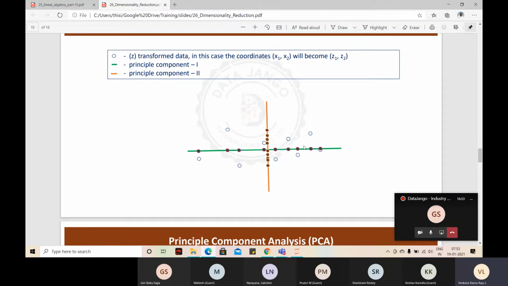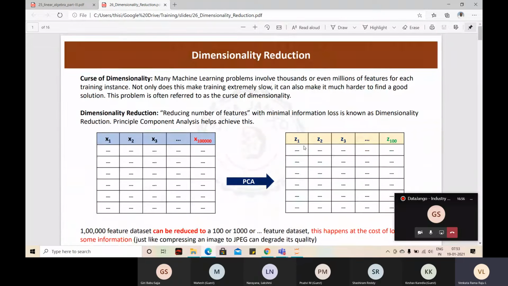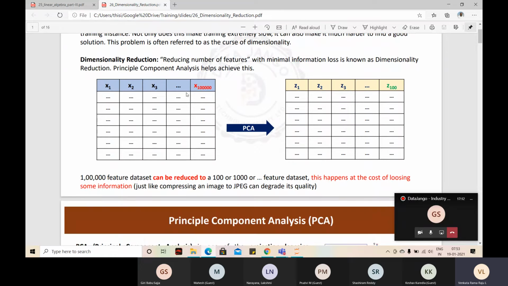These dots are the ultimately converted data. What is converted data? You took 100,000 and you converted them to 100. You can actually convert them to 100,000 also. I am showing you that the ultimate result is going to be like this. We'll see how it actually reduces to 100. But the process I showed you is like you take 100,000 and it becomes 100,000. Okay.